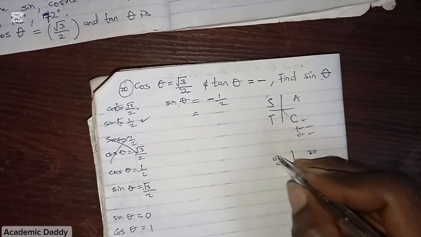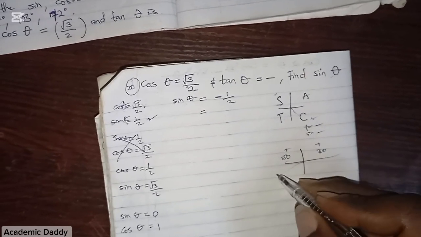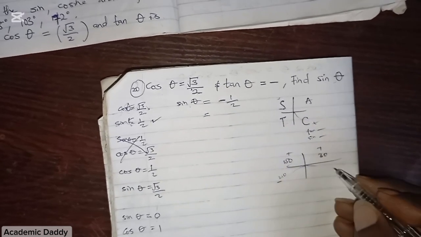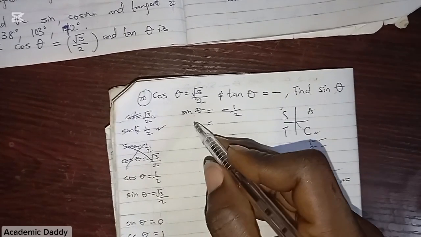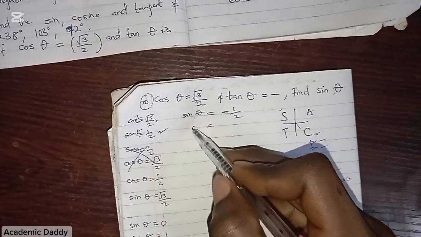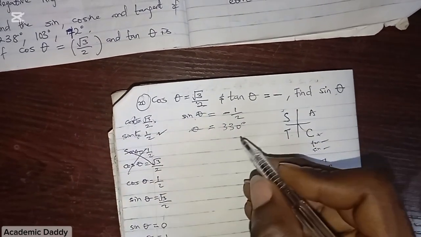Here, sin 150 is half, positive. But here, sin 210 is negative. And here, sin 330 is negative. So this theta should be 330 in the fourth quadrant.